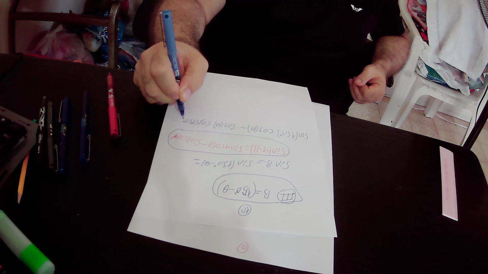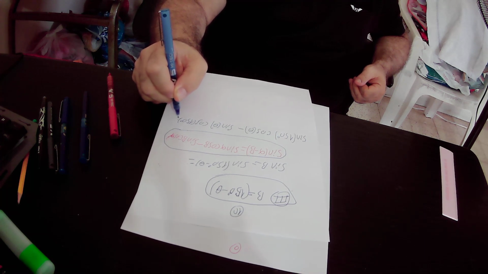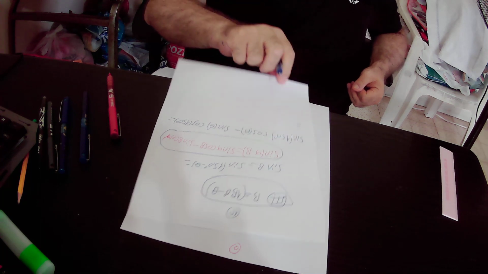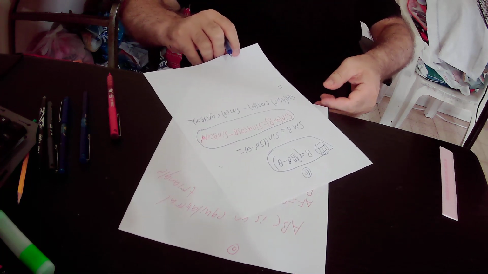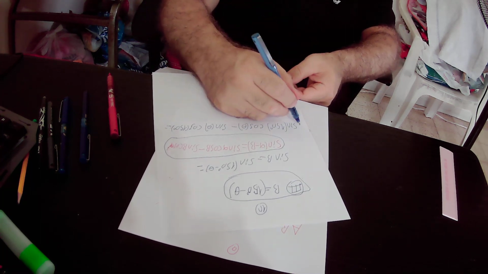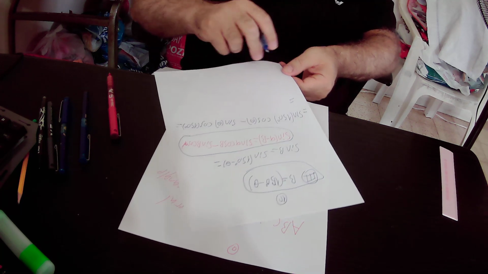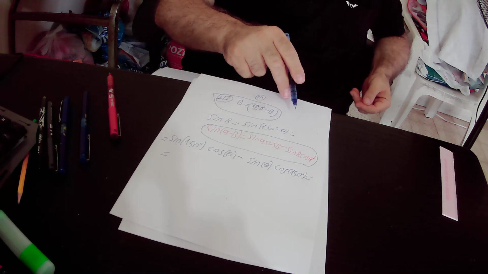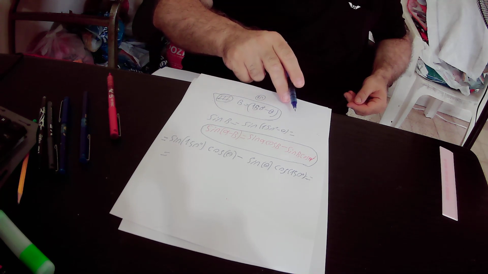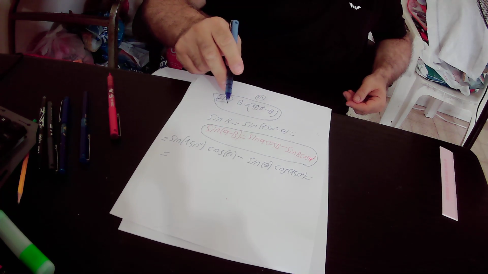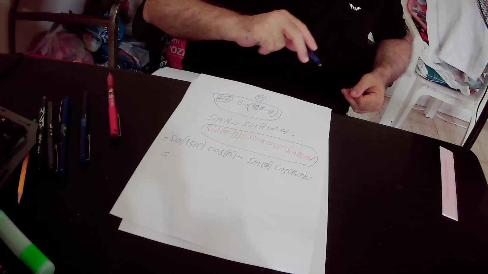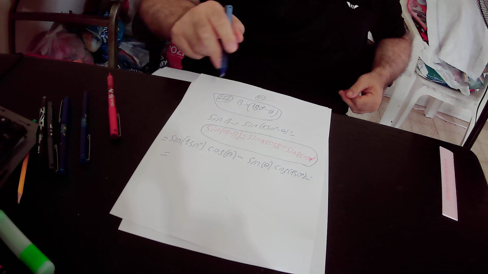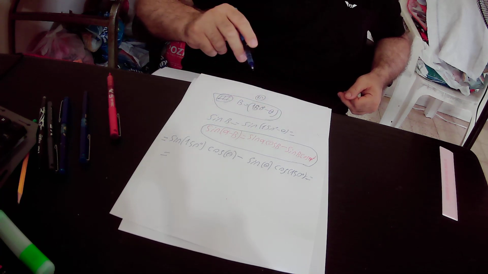Okay, we developed the value of sine of 150 degrees minus theta according to the second trigonometric identity, in the red color, and we got this expression.